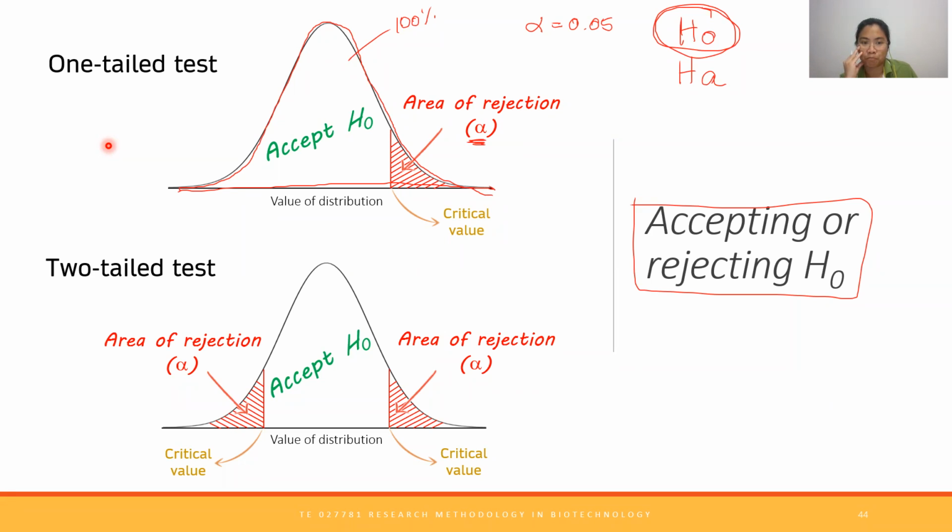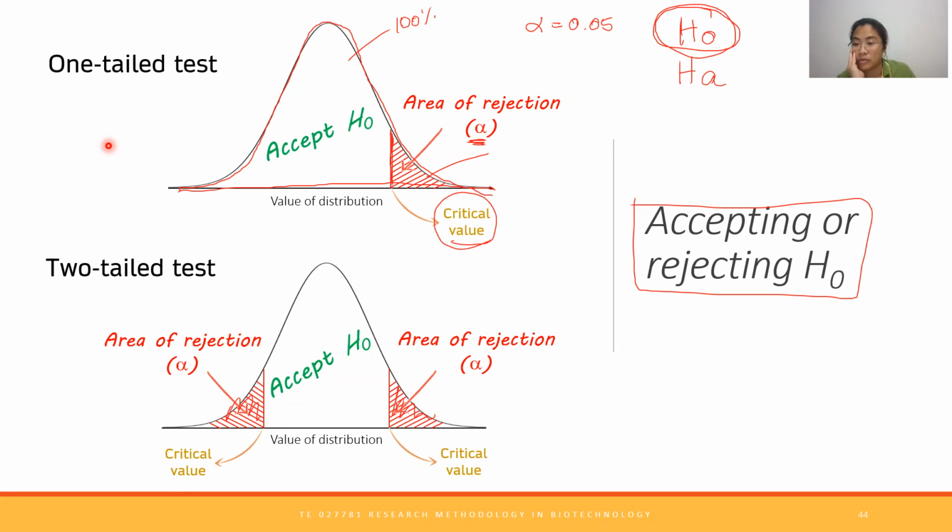That means there are two areas identified by the critical values. The area that goes beyond the critical values, on both sides, is the area of rejection.